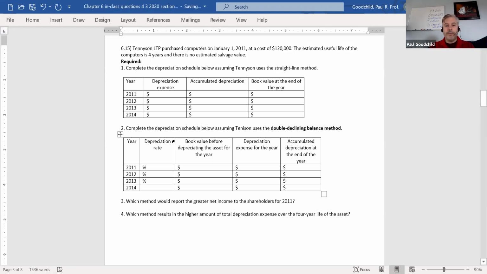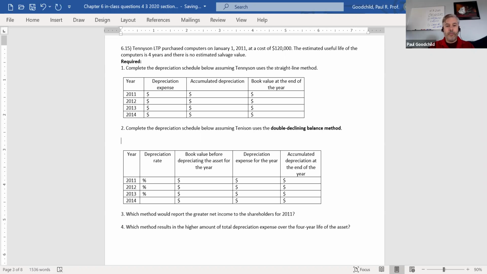And so again, our formula for double declining balance is 2 times the straight line percentage.